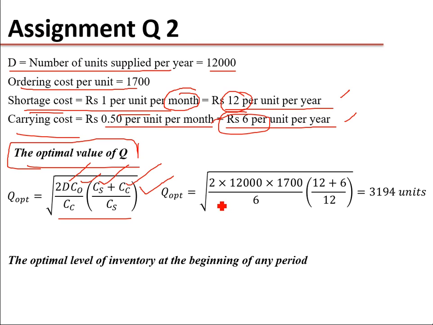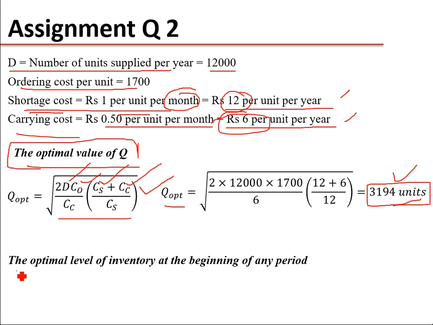So we can easily get the optimum number of units we are going to put in an order. The number of units is 3,194 units in an order. In a single order, we put this many units. This is the optimal value of Q.